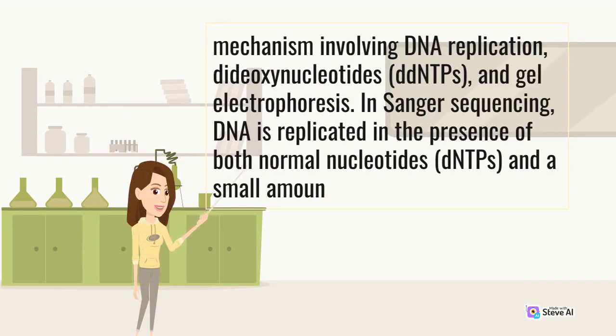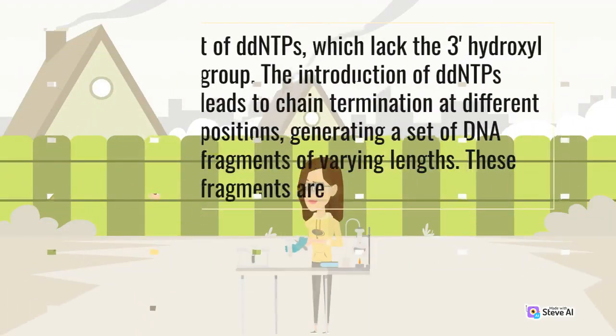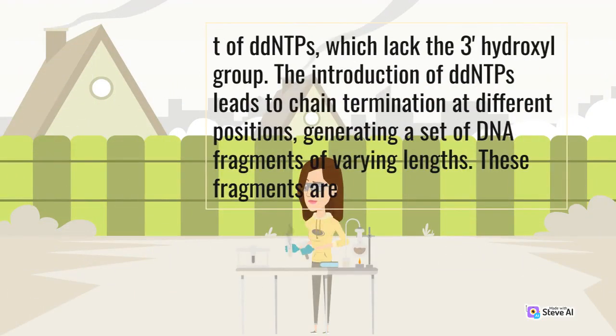In Sanger sequencing, DNA is replicated in the presence of both normal nucleotides, dNTPs, and a small amount of ddNTPs, which lack the 3-hydroxyl group. The introduction of ddNTPs leads to chain termination at different positions, generating a set of DNA fragments of varying lengths.